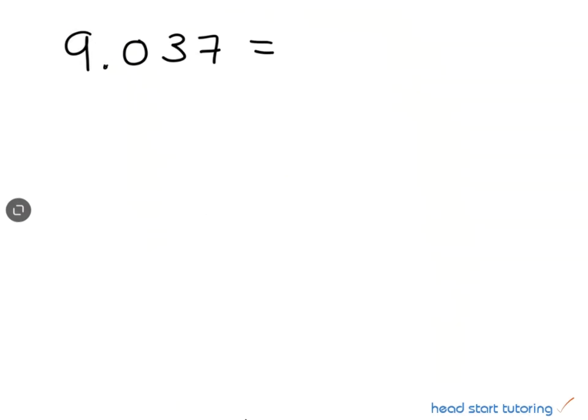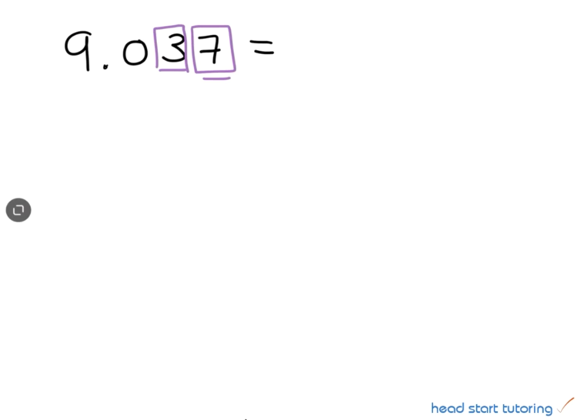If I would like to round the number 9.037 off to the nearest hundredth, I've got 3 hundredths at the moment. The value of my 3 is 3 hundredths, and I look to the value to the right of my hundredths, and because this 7 is 5 or greater, that tells us that this value that we are rounding to is going to jump up by 1 digit, or we are adding one of those place values to the 3.